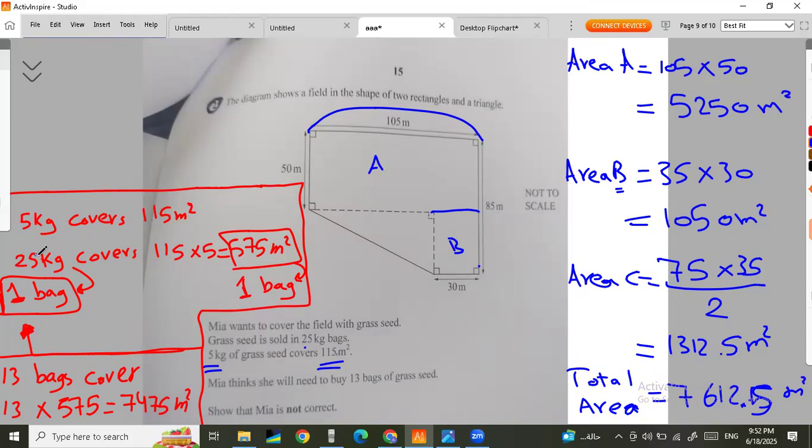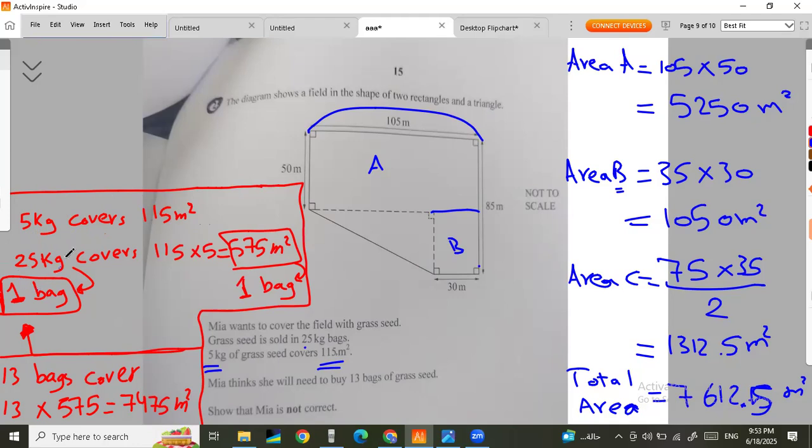Okay, 25 kilograms is 5 times more. So 25 kilograms covers 115 just like the 5 kilograms exactly, but times 5, which is 575. It's paper 2, you can use the calculator. So one bag covers 575 meters squared. Again, repeat this part if you don't get it. They're saying to you the 5 kilograms covers 115 meters squared.